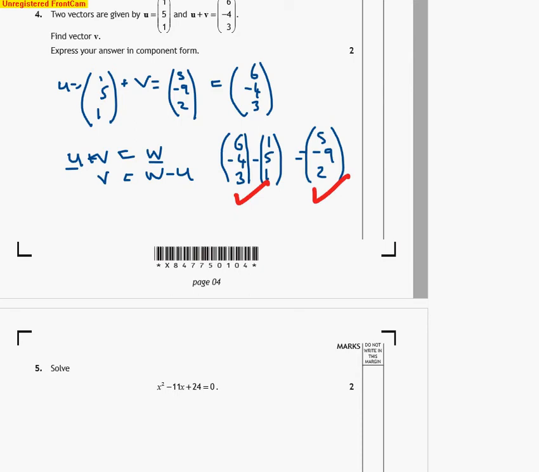I think if you just wrote this down, you might not get the mark. Let me just double check that. No, forget that. It says you'll get correct answer without working 2 out of 2. So if you did this section here, that would still be 2 marks. In the marking scheme, the standard way of doing it is 1 mark for your working and then 1 mark for your answer. But if you just wrote this and highlighted that as your answer, you would get the 2 marks.